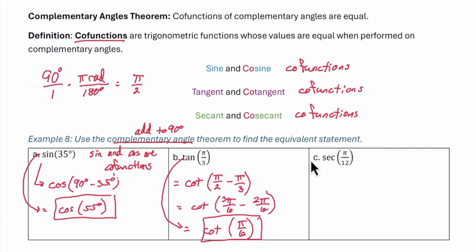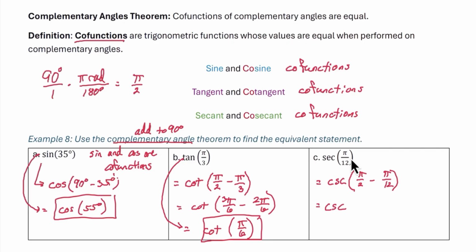And then for secant, we want again an equivalent statement. Let's use the cofunction of secant, which is cosecant. So we have cosecant. Again, we need to find the complement to pi twelfths. We'll start with 90 degrees or pi halves radians and subtract pi twelfths.